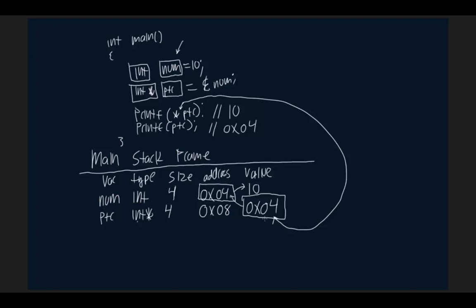This is a process known as dereferencing. We prefixed the pointer with a star, and so we've told the compiler we want to dereference this pointer. So to dereference it, we first look up what value is physically stored in the pointer's memory. Because the pointer does consume memory. The pointer is just a normal, straight-up variable that is on the stack just like every other variable. So it has a value.